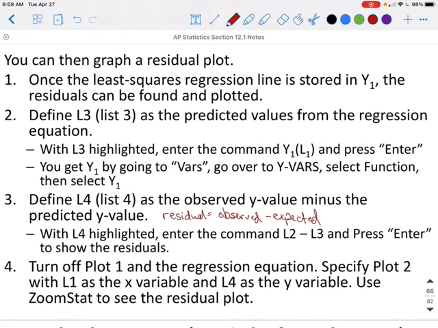If you do that where you have the name of it highlighted and hit enter, it'll calculate all of the residuals for you. Now, if we turn off plot 1 and the regression equation, we can specify that plot 2 will be list 1, which is our x values, and list 4, which will be our residuals. Again, we can use zoom stat, so you'd hit zoom, select number 9 to change the graph so that you can see the residual plot.